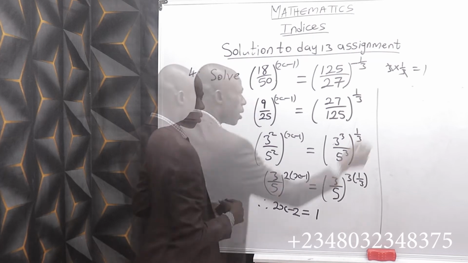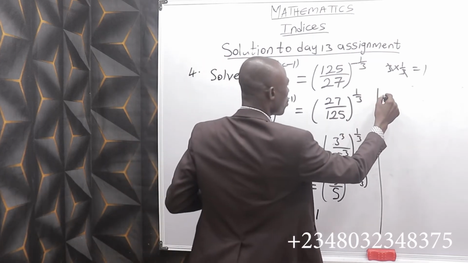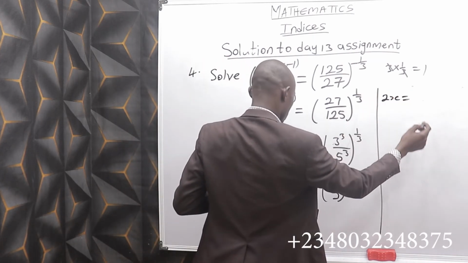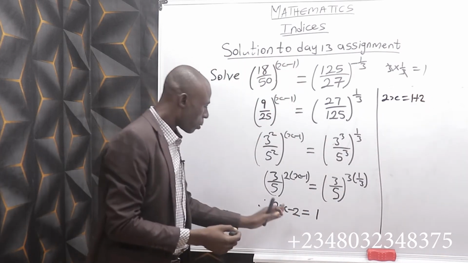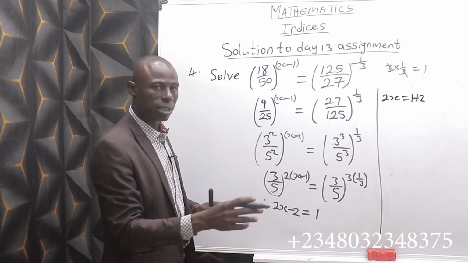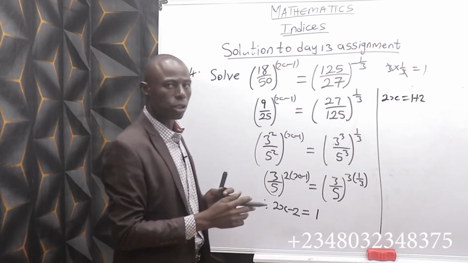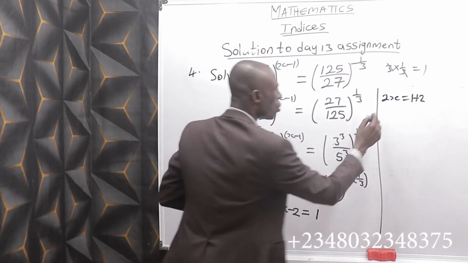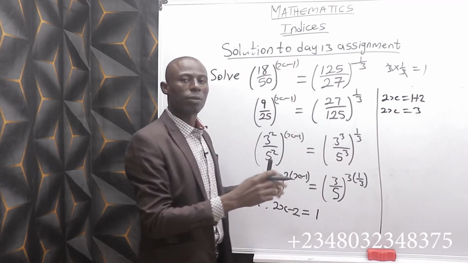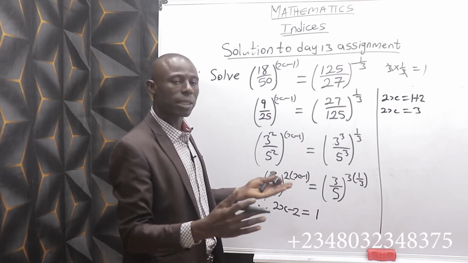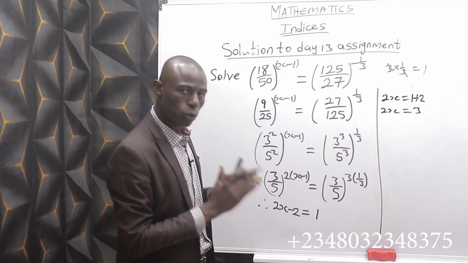Collect the like terms. Collecting the like terms, we have 2x equals 1 plus 2. Bring the negative 2 across the equality sign, changes its sign to the positive. So we have 2x equals 3. The value of x here is gotten by dividing both sides by 2.